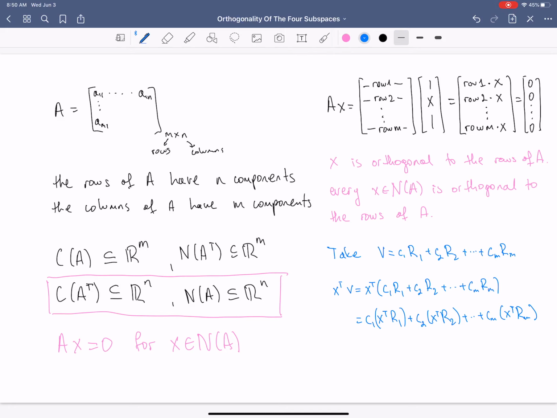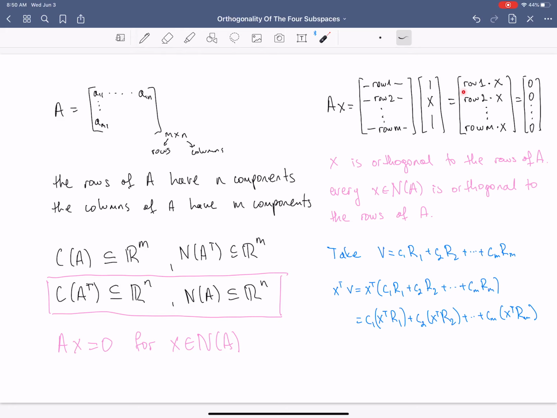Now, if you focus your attention here, I'm talking about the dot product of row 1 or R1 times X. Normally we would write that as R transpose X, but the dot product is commutative. In some sense, U dot V is the same as V dot U, just because of how number multiplication works.